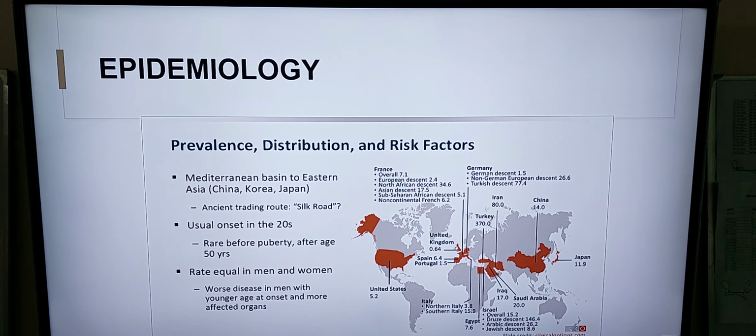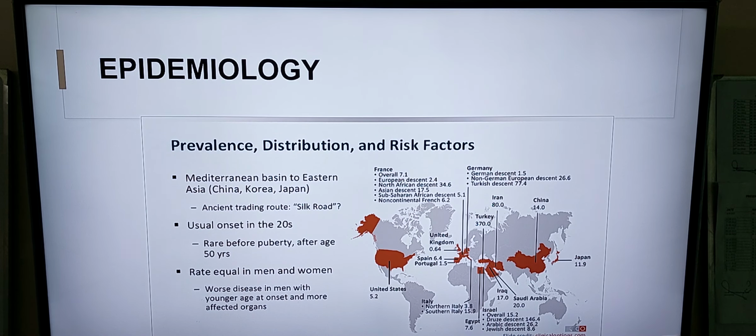The maximum number of patients encountered so far, according to 2018 epidemiological data, were seen in Turkey, followed by different regions. They were more in Iran, then Japan, China, Korea, coming to Europe. The areas of Southeast Asia, North America, South America were relatively spared.